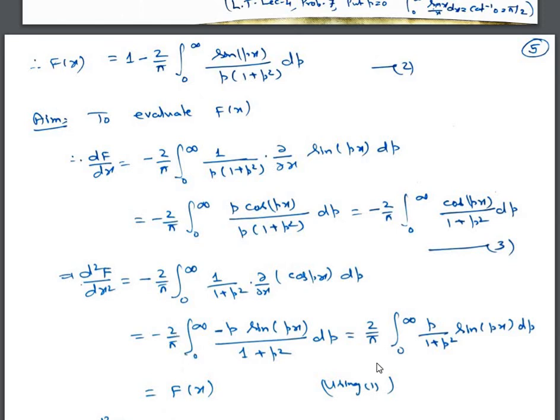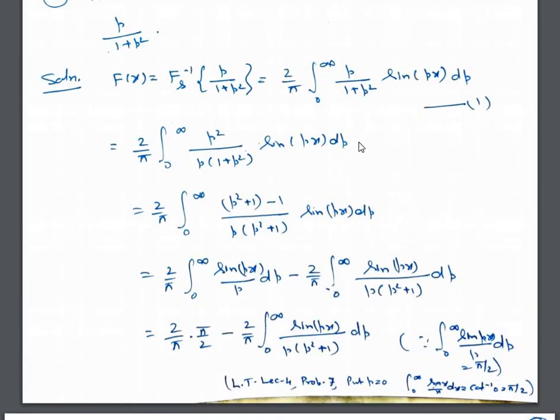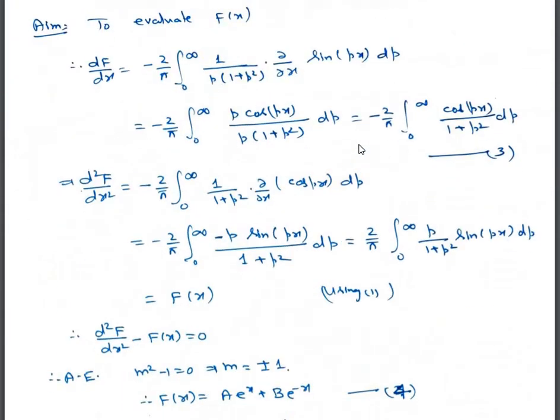Minus minus will get cancelled, so we have 2/π times the integral from 0 to infinity of p/(1+p²) sin px dp, which is equal to f(x) from equation number 1. This is equation number 1, and we got the same expression. So therefore d²f/dx² is equal to f(x), so d²f/dx² − f(x) is 0.